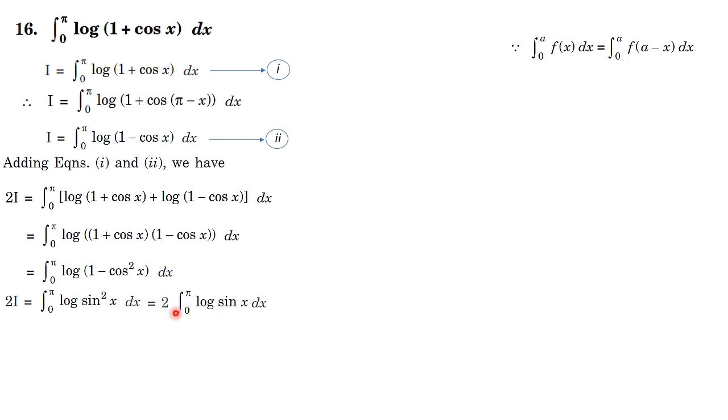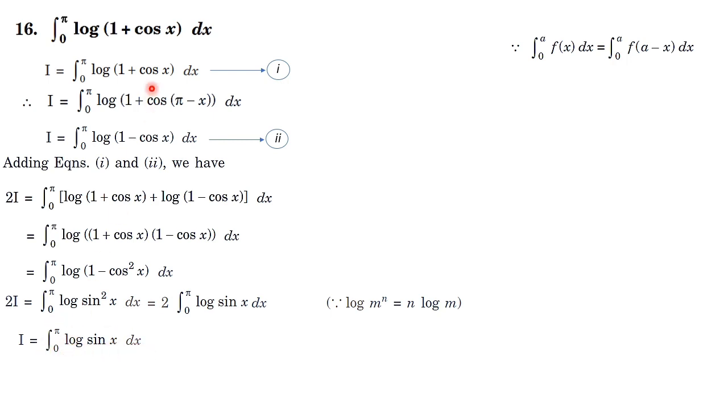So this power came here. Okay, then 2 into integral 0 to pi log sin x dx. Now the property we have used is this one. From here we can calculate I. I is equal to, here 2, here also 2, left hand side and right hand side same constants, we can cancel it. Then integral 0 to pi log sin x dx.